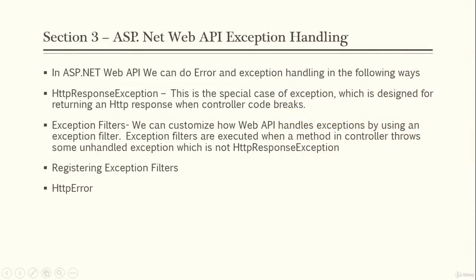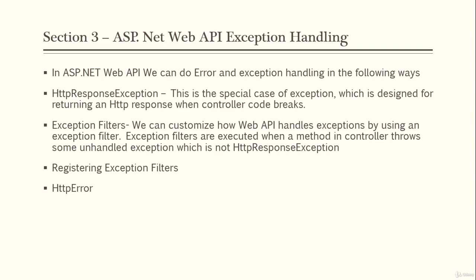In this video we are going to talk about exception handling and error handling in ASP.NET Web API. When it comes to error handling, we have a few methods which we can use. There is the HttpResponseException class, which we can use to handle errors gracefully.